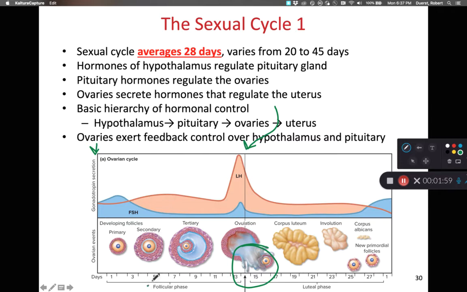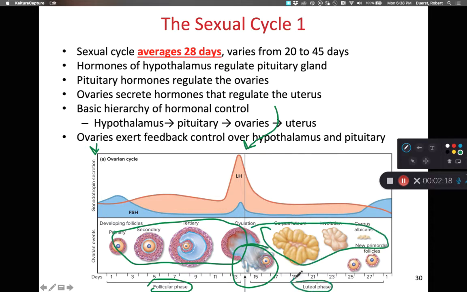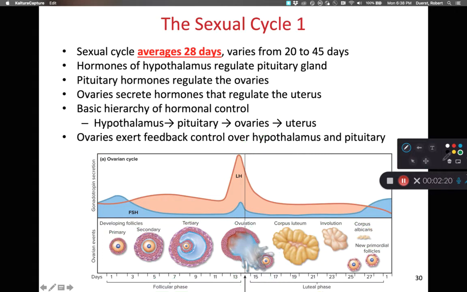Before ovulation, we have the follicular phase, and that follicular phase of the ovarian cycle is when we have the follicle present. After ovulation, that follicle on the ovary is going to turn into the corpus luteum or the corpus albicans, and that second 14 days is going to be known as the luteal phase of the ovarian cycle.